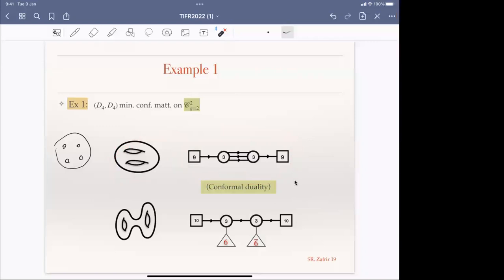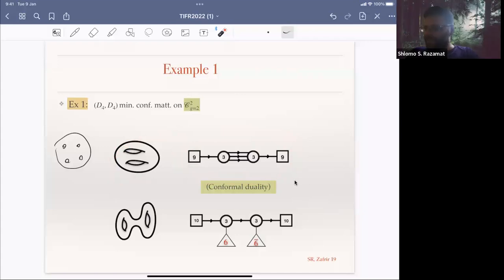Sorry, what's the relationship between cusps and conformal manifolds? So there is a conformal manifold here, and naively, we expect here to have a 3G minus 3 plus S dimensional conformal manifold. Here, G is equal to 2, and we don't have punctures, so we expect a 3-dimensional conformal manifold. Now, what happens?